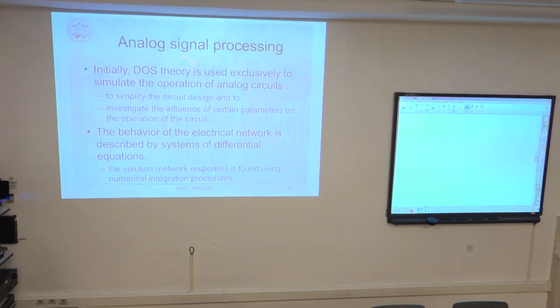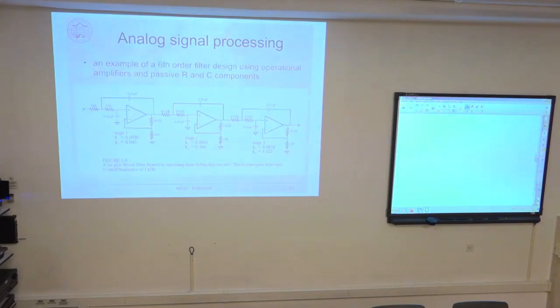Initially, as I said, digital signal theory was used only to simulate the operation of such analog circuitry, just to verify whether we have computed the values of the resistors and capacitors properly, or maybe to see the effect of inaccuracies of values. So the tolerances of the resistors and capacitors, because each passive component has a given tolerance, maybe 1%, 0.5%, or as a cheapest version, 5% tolerance.